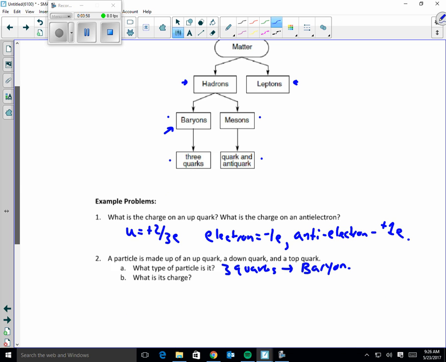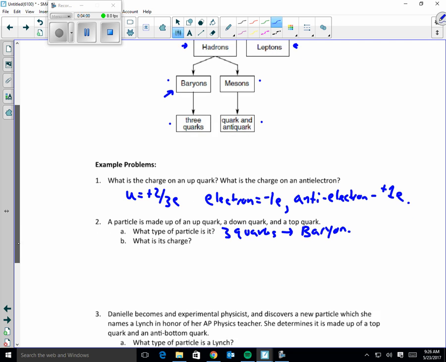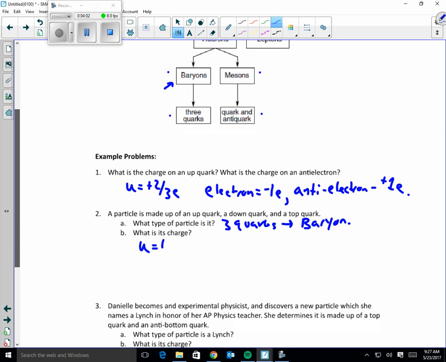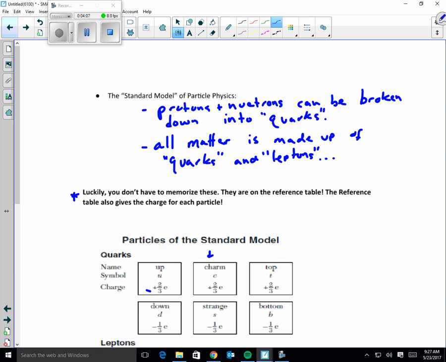And then what's the charge? We just look up each piece of it. So up is plus 2/3 E. Get that from this reference table.